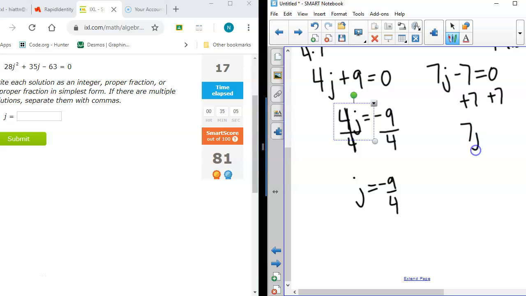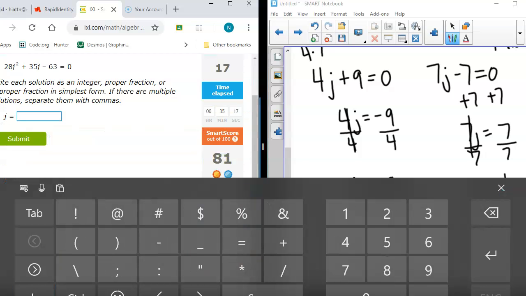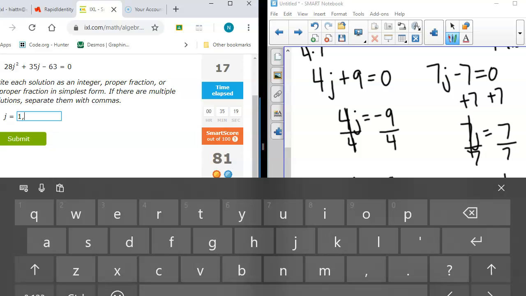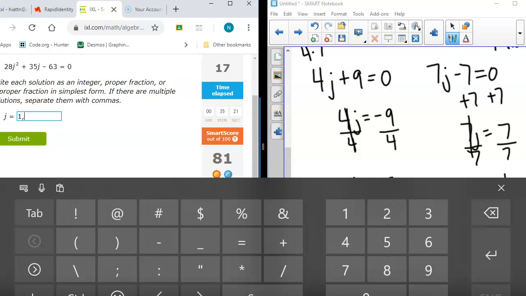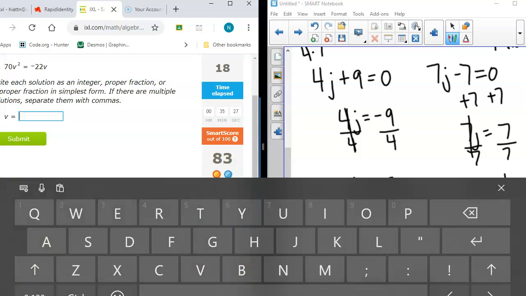So 7j would equal 7. You divide by 7 on both sides. And so j would equal 1. So for our answers, we would get 1 and -9 over 4. And that's correct. And then you would continue on.